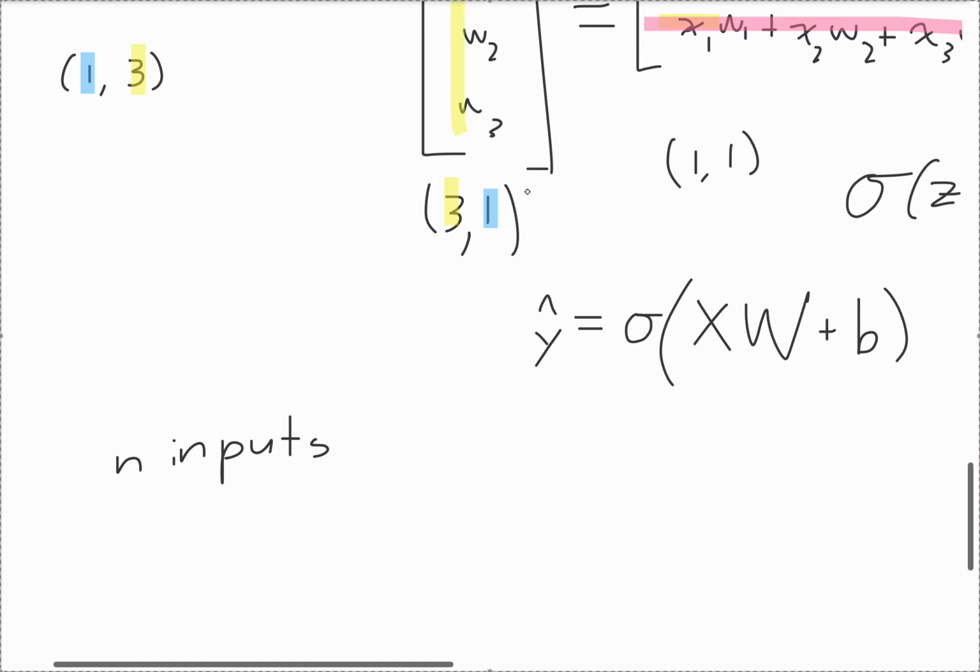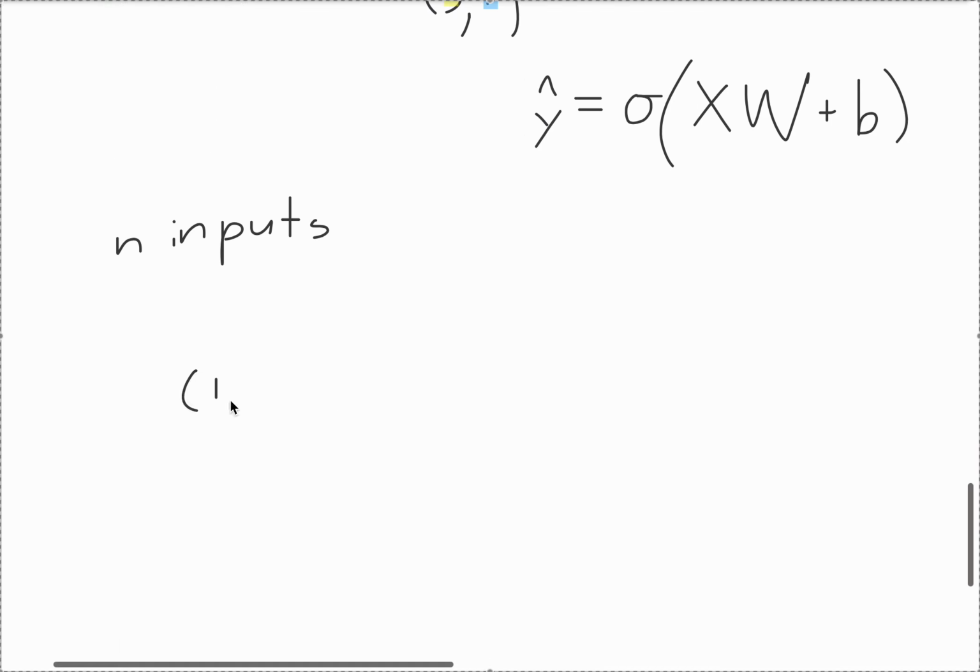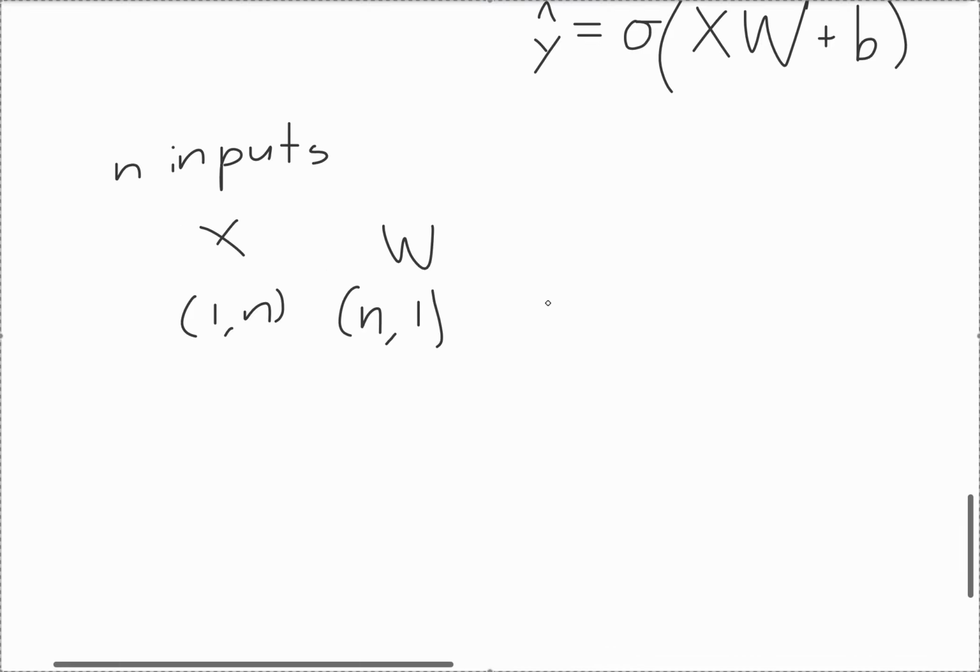To do the matrix multiplication, you need the inner dimensions to match, so your weight matrix would have n rows and 1 column, because we want 1 output since we're doing a single layer perceptron. When we perform the matrix multiplication, we get a resulting matrix x times w with dimensions 1, 1, which is what we want.